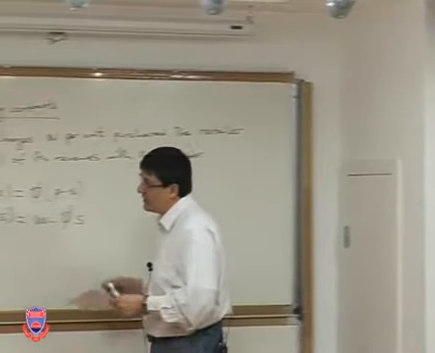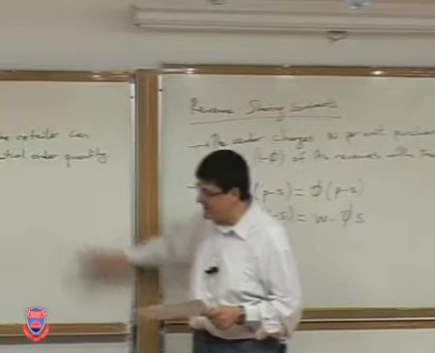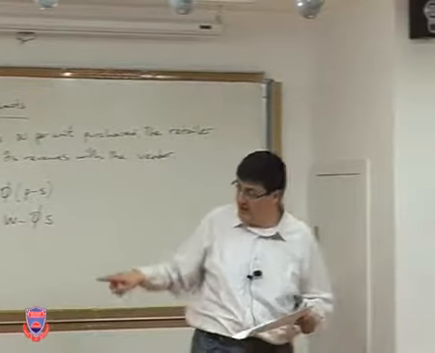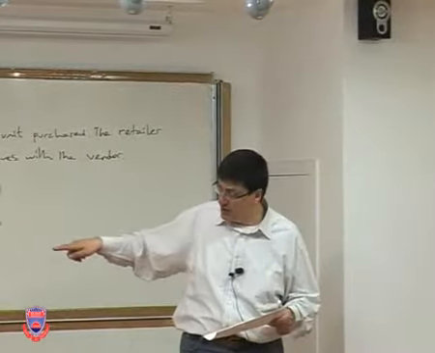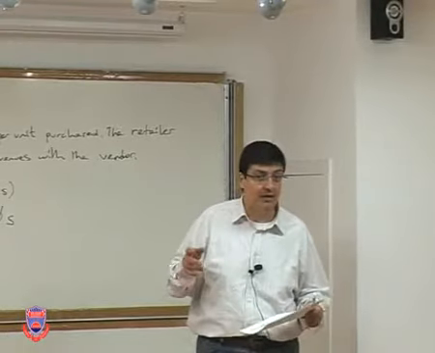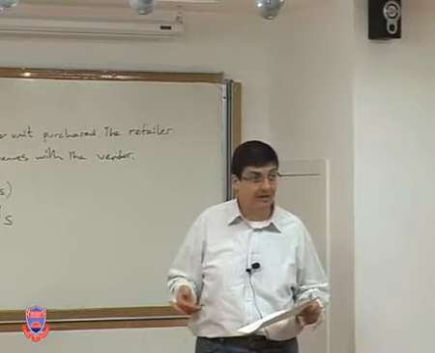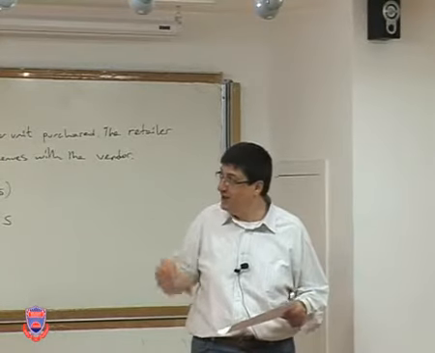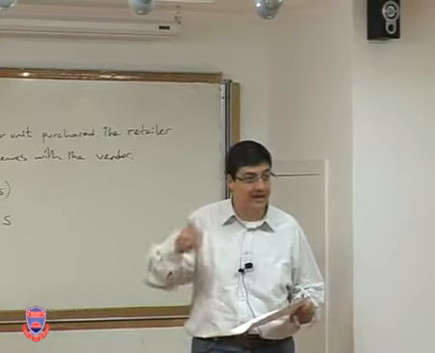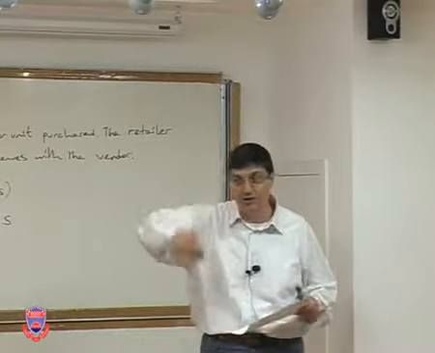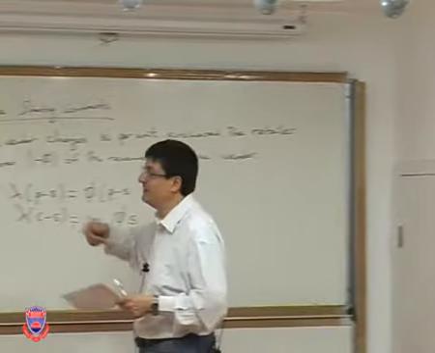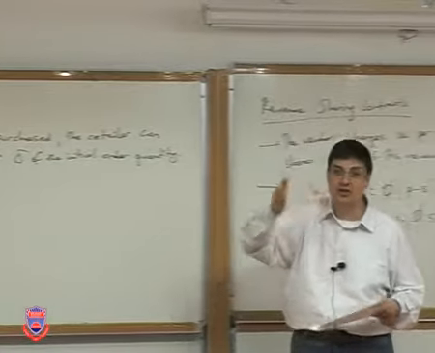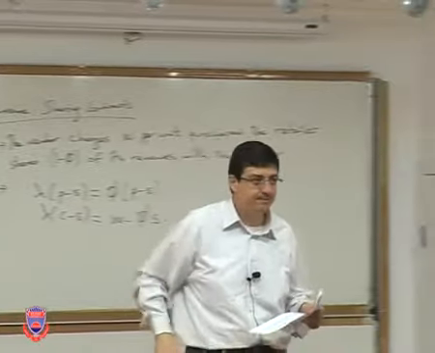Of course, quantity flexibility is very similar to buyback, but what is the difference? In buyback contract, you have no limitation on the amount that you can return, but the money that you're paid is less than what you paid initially. Whereas in quantity flexibility contract, there is a limit on the total amount that you can return, but the money that you receive for each return is the original money that you paid.